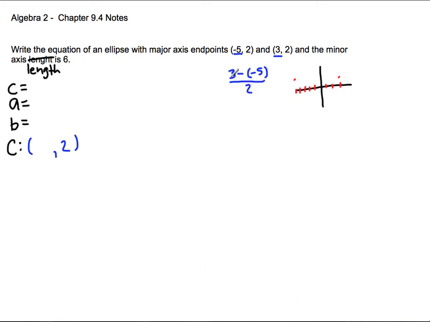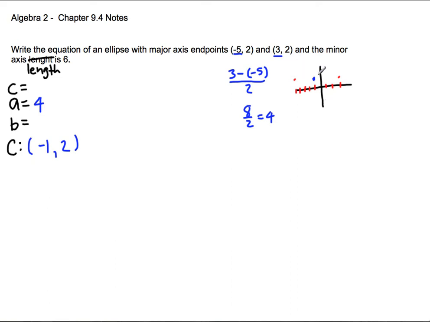This gives me 3 plus 5, which is 8, divided by 2, which is 4. 4 is the halfway distance between -5 and 3, so I'm going to move 4 units: 1, 2, 3, 4. So here's my middle at the point (-1, 2). By the way, I was able to figure out my a value, 4, so I'll go ahead and fill that in. And then it says that the minor axis length is 6.